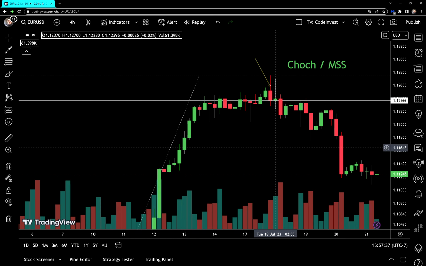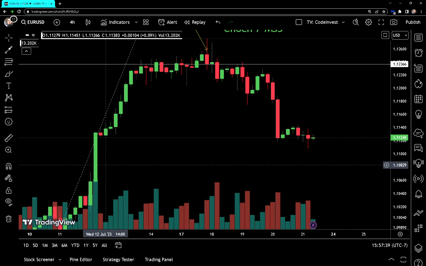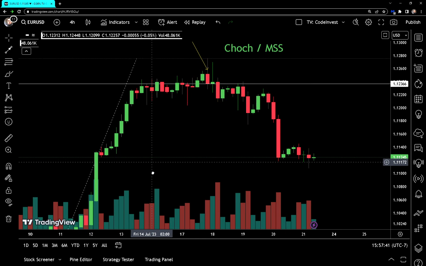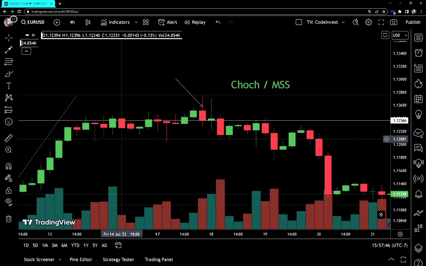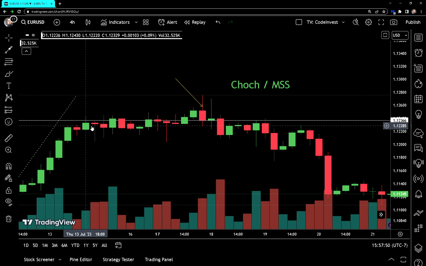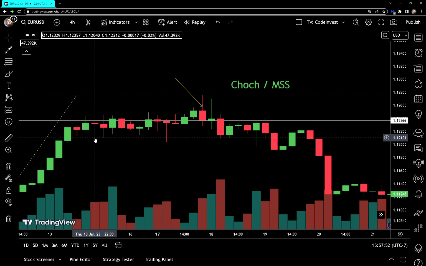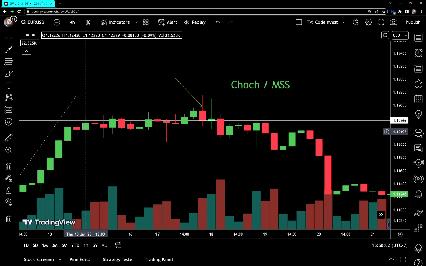As you can see, the trend here was long for a while. What we're looking for is a red candle to close below the green candle. I'm not talking about these fishtail wicks, the red wicks that come below the green candles.